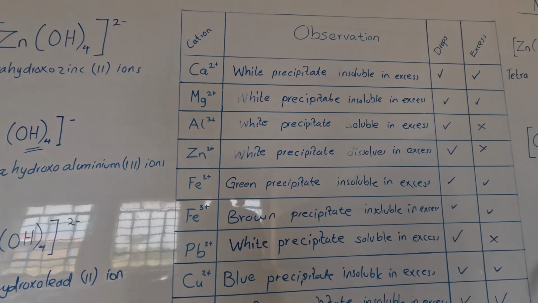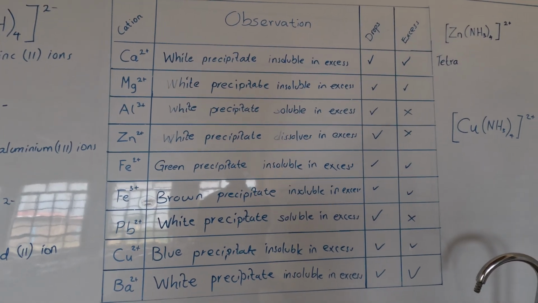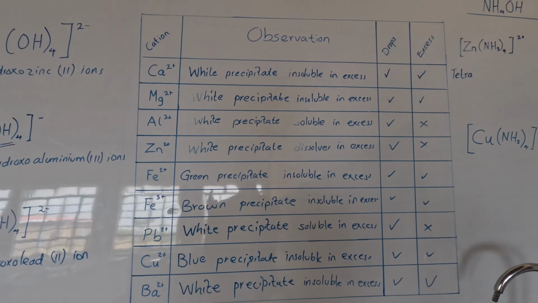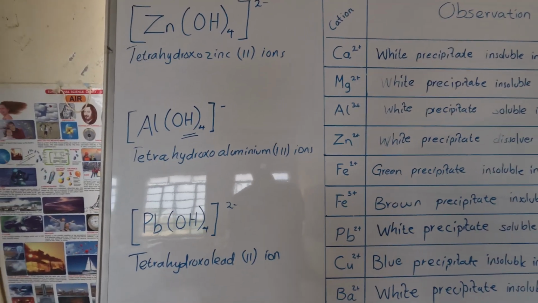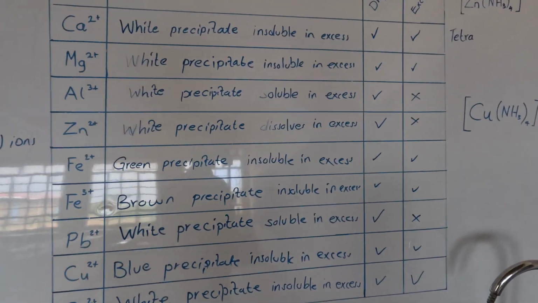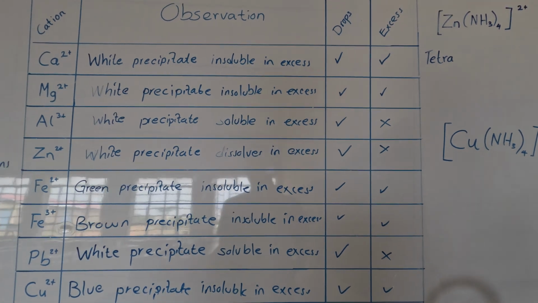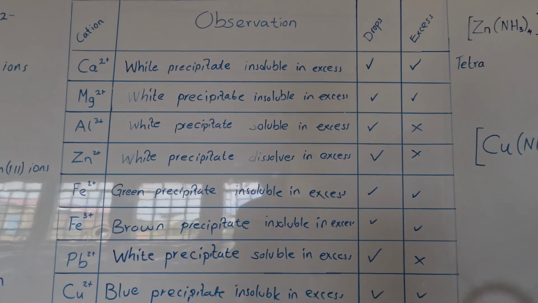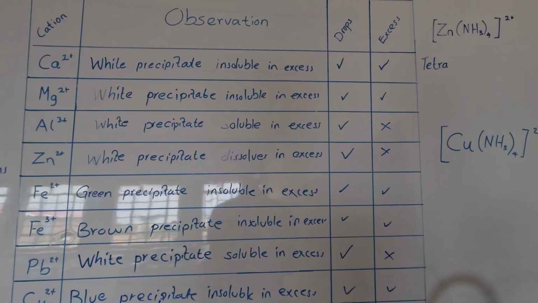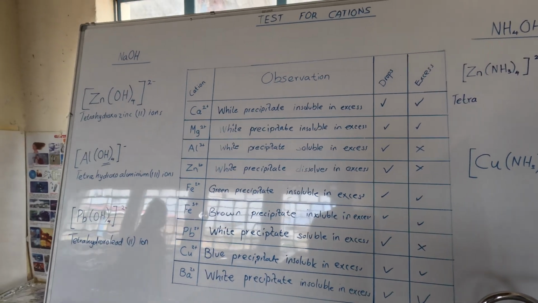And the rest are white precipitates. We have the complex ions that we normally abbreviate as ZAB, that is zinc, aluminium, and lead. These ones are soluble in excess, and that is why you can see here there is an X when it comes to aluminium, and an X when it comes to zinc and lead. Thank you so much, and now you can take your notes if you want to understand this more.